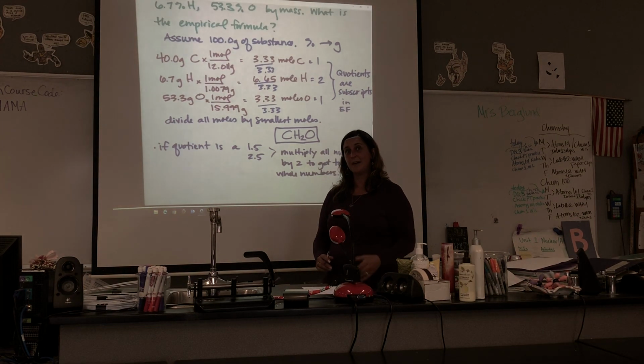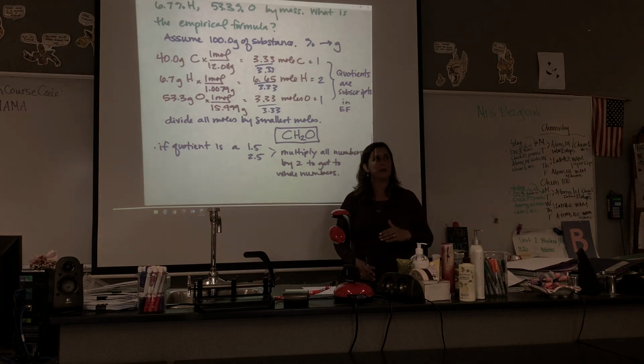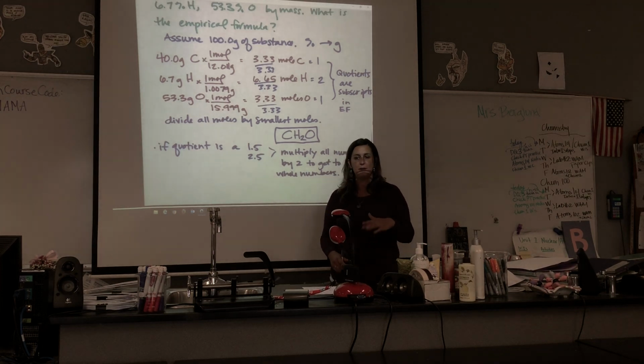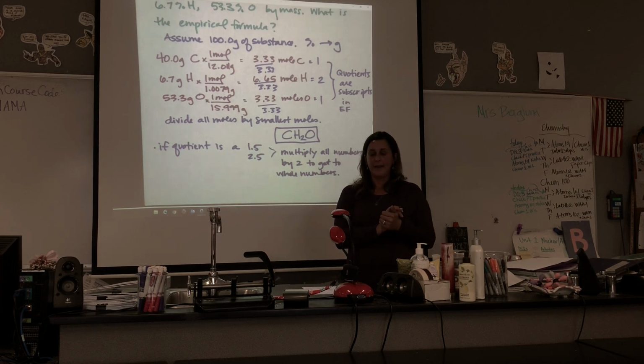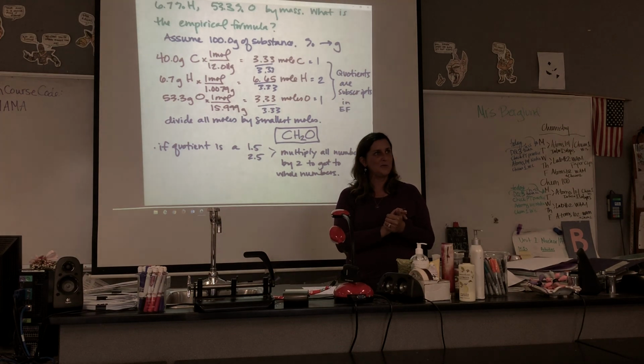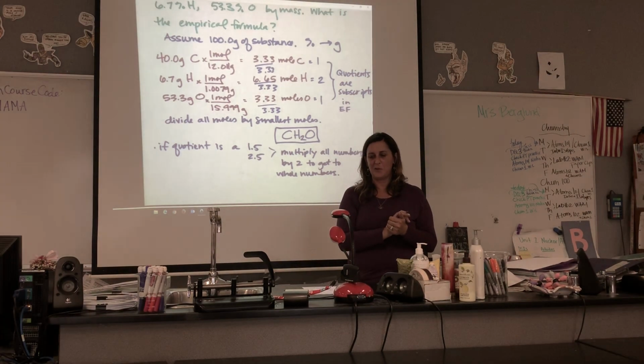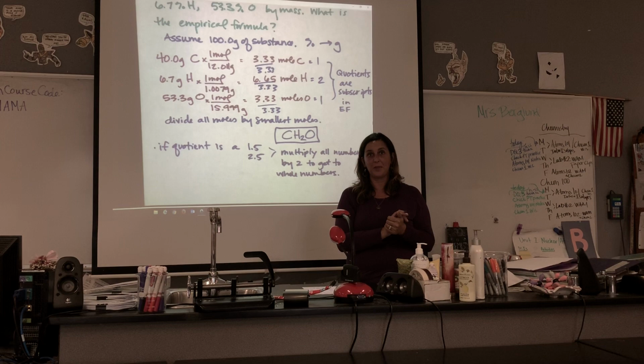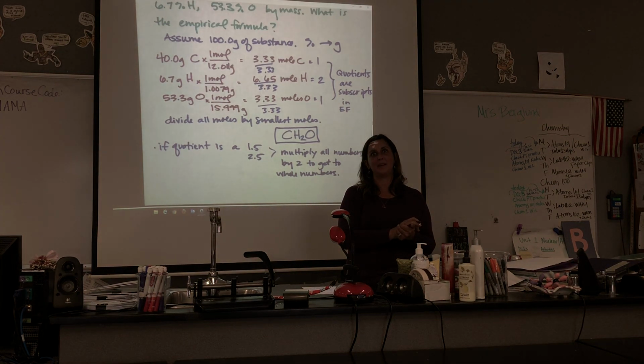So just be on the lookout for that. If you get like a 1 to 2.5 to 2, you would multiply everything by 2 to get everything to whole number ratios. And that is an empirical formula example, and we'll be back with a molecular formula example in part 2.